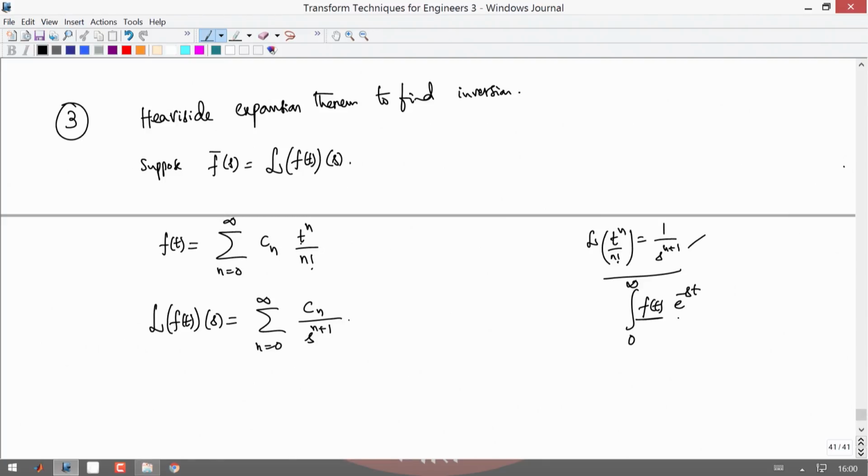For such a nice function f of t which has a Maclaurin series, this integral will exist because of the exponential minus st for some s values. Assume that it exists, then you have this Laplace transform. The existence of this integral is something you have to work out, because it is not straightforward.